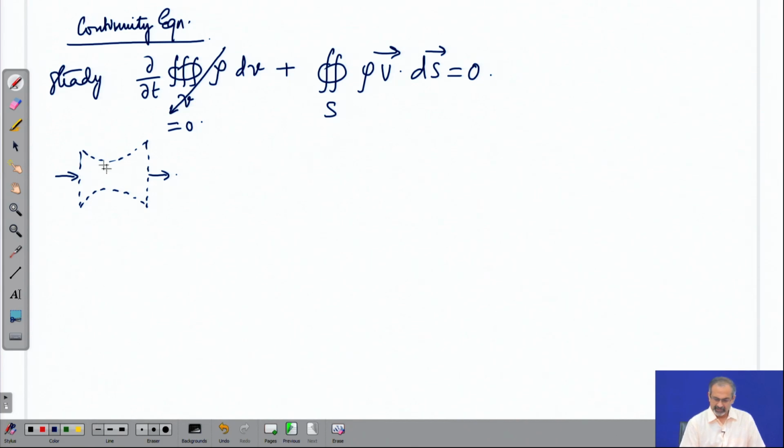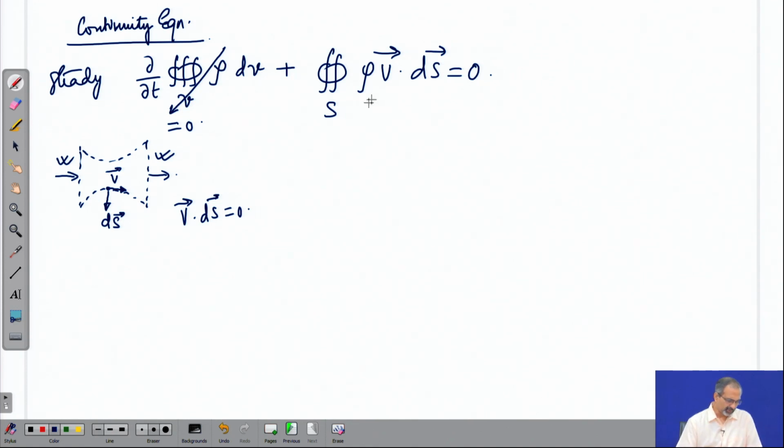Now, we notice that along these curved surfaces, everywhere the surface normal points out and the velocity is tangential. Therefore, they are orthogonal and hence a dot product would yield a 0. However, the dot products would not yield zeros here.